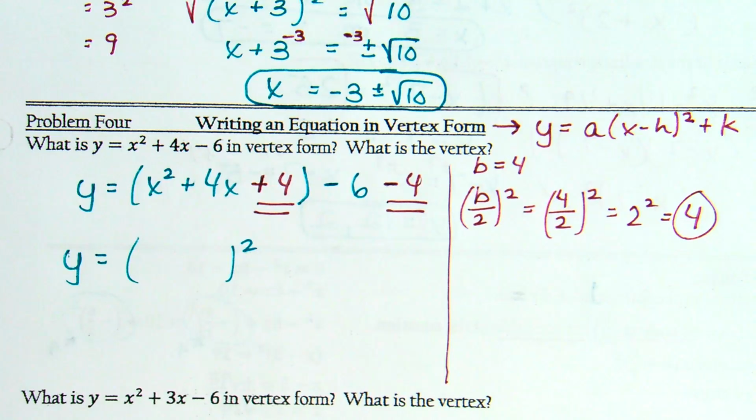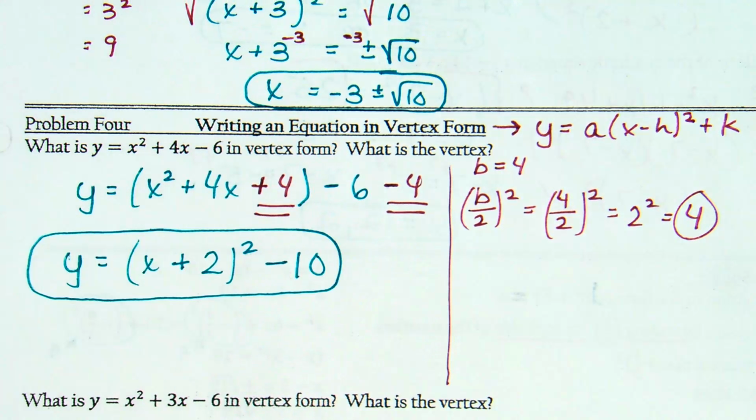Where is the vertex in vertex form? H and K? So what are my H and K here? Okay, so vertex, remember it's HK. What kind of 2 did you guys say? Negative 2, and what kind of 10?